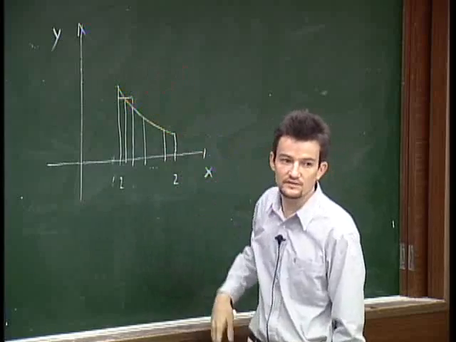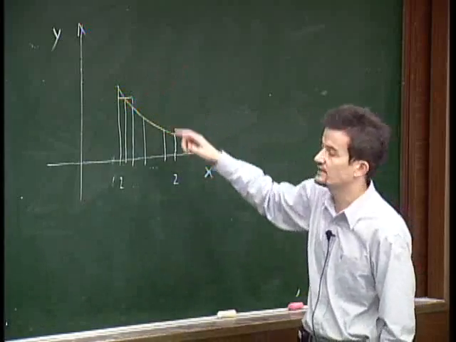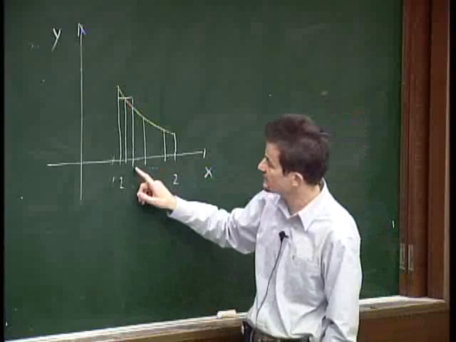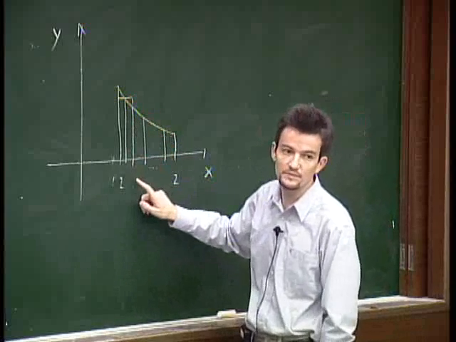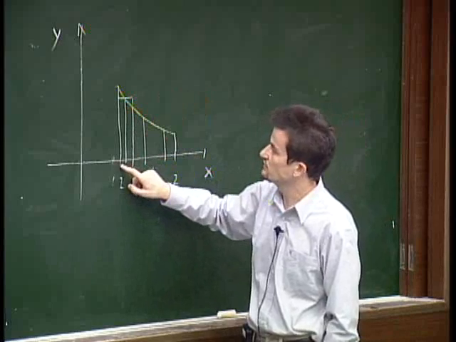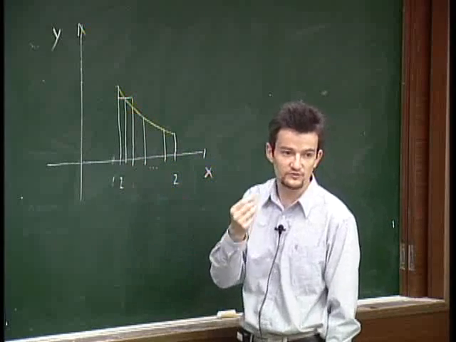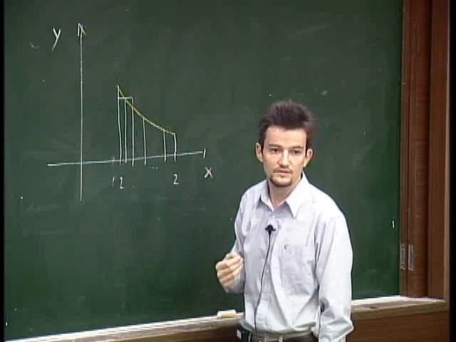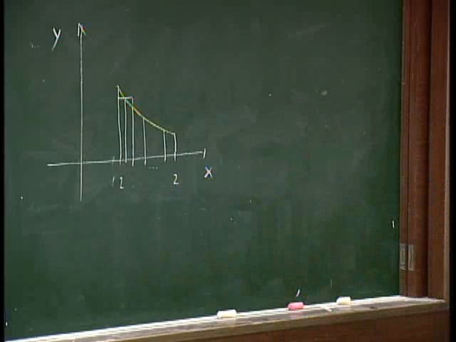So the average should be quite a good approximation. Using the midpoint should be much better for this example than choosing, for instance, the left or right endpoint, because then you make a rather large error. So this is one of the simple approximation rules, which is commonly called the midpoint rule.